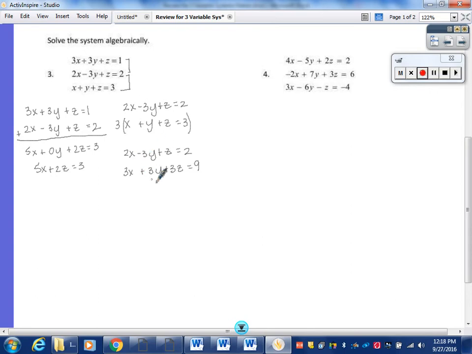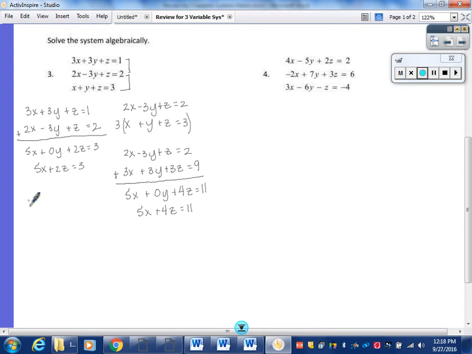That means when I add these two equations together, the y's will cancel out. And I get 5x plus 0y plus 4z is equal to 11. And so that's just 5x plus 4z is equal to 11. And so now I have two equations that have an x and a z.